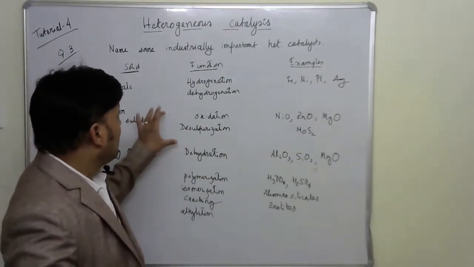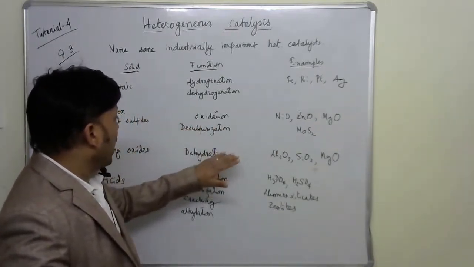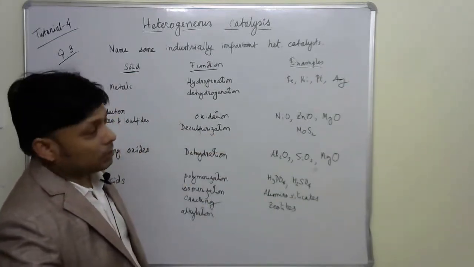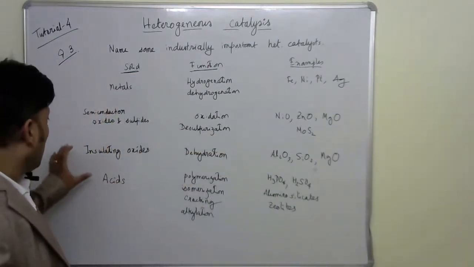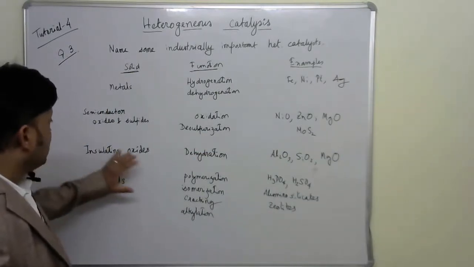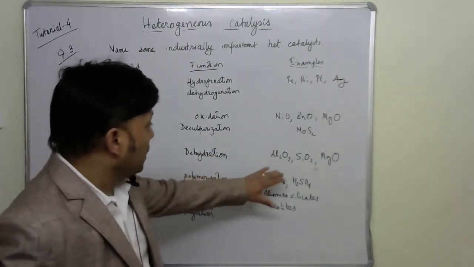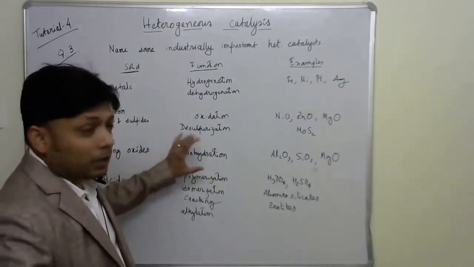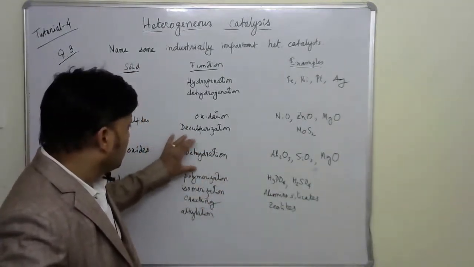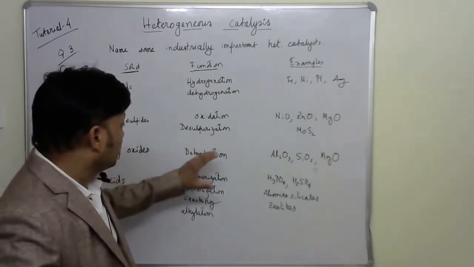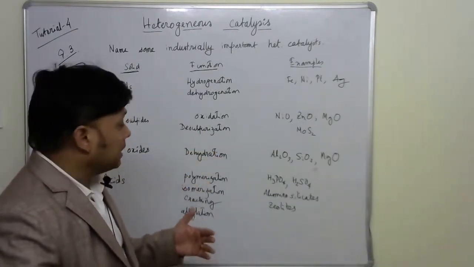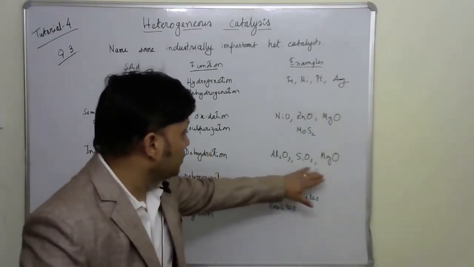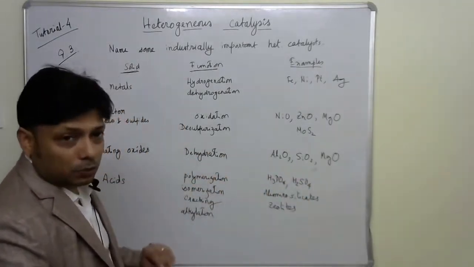They perform oxidation reactions and desulfurization reactions. And then we have insulating oxides like alumina, silica, magnesium oxide. They are used for dehydration. In fact, there are many commercially important products that need to be kept away from moisture, where these kinds of substances are readily used.